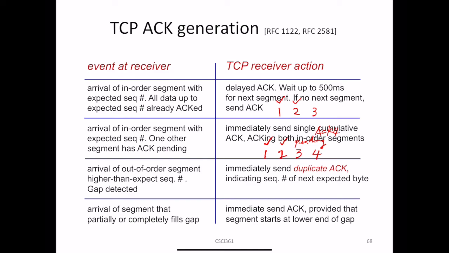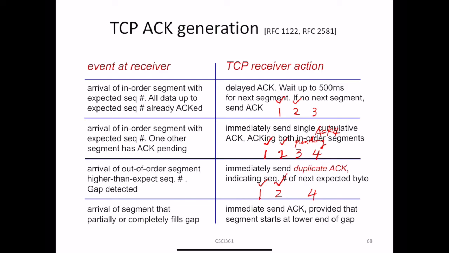For the third pair, the event is arrival of an out-of-order segment higher than the expected sequence number, with a gap detected, and the action is to immediately send a duplicate ACK indicating the sequence number of the next expected byte. For this one, segment 1 is received and ACKed, segment 2 is received and ACKed, then segment 4 is received, which is out of order.